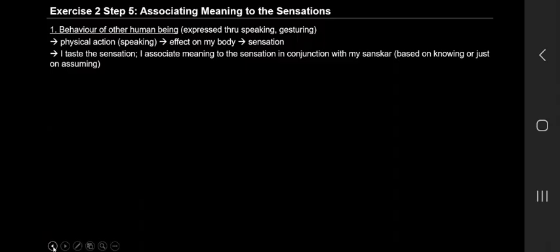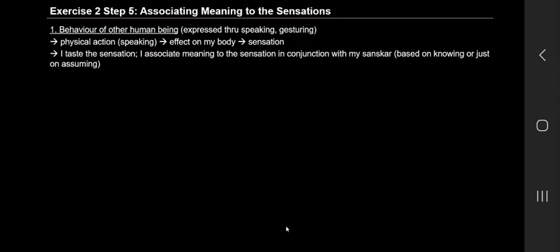Now his words reach to my ear, my body. Due to that, there is a physicochemical change. And due to that, there is a sensation in the body. Now this is happening at the level of body. Now if I decide to read this sensation, if I think that person is important, then I decide to read that sensation.